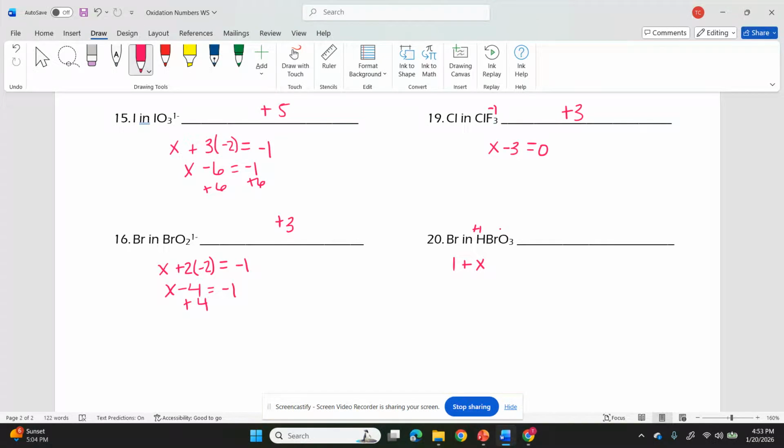Oxygen's rule, it's a -2 unless bonded to one of the exceptions, which it is not. So here, -2, and I've got 3 of them, gives me a -6. Set that equal to 0 since this is neutral. We combine like terms, x minus 5 equals 0. We're going to add 5 to the other side, and you end up getting a +5 as your final answer.